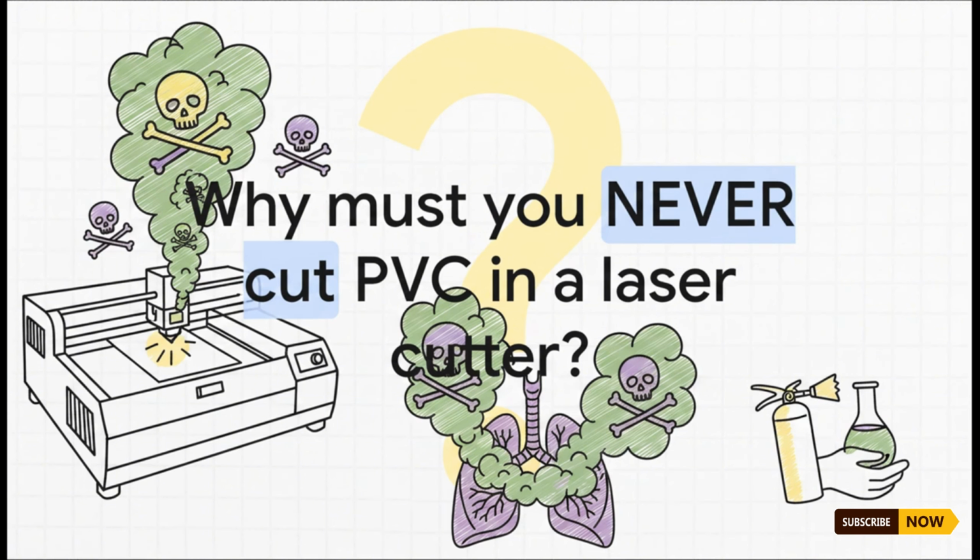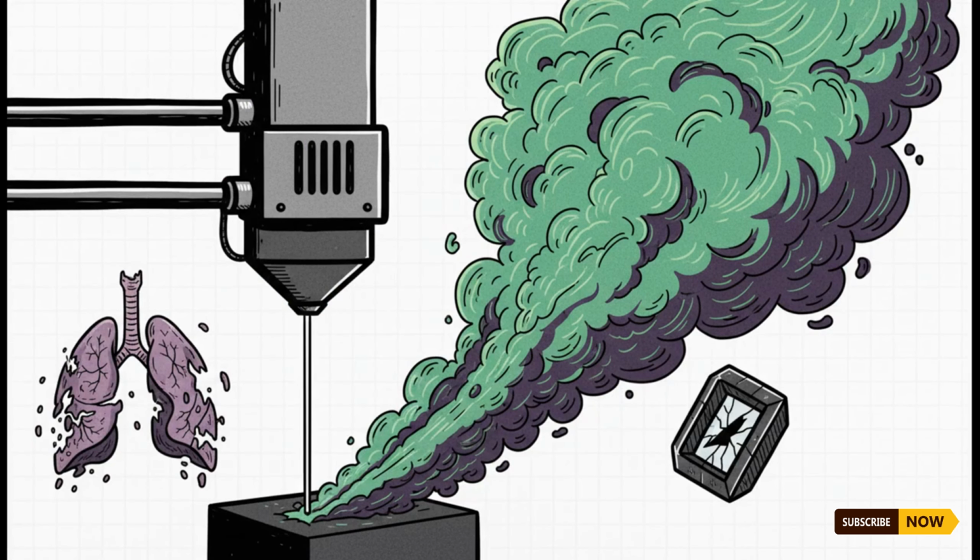Now, let's do a quick quiz about making terrible, life-altering workshop decisions. Polyvinyl chloride, or PVC, is a super common, incredibly cheap plastic. You might be extremely tempted to just throw a sheet of it into the laser cutter to quickly prototype a part. So, why must you absolutely, under no circumstances, ever do this? Well, because part of fabrication is kind of being a minor chemist. When you vaporize PVC with the intense heat of a laser, the thermal breakdown of that plastic creates highly toxic chlorine gas.